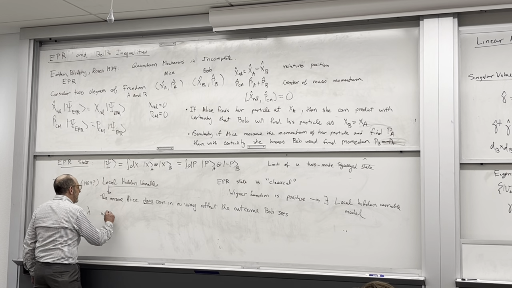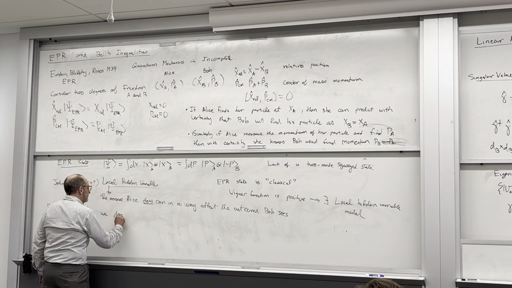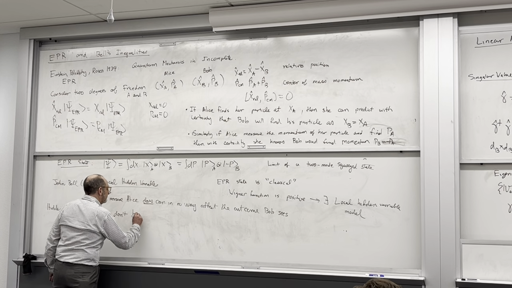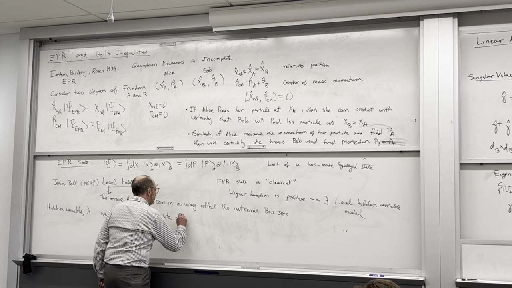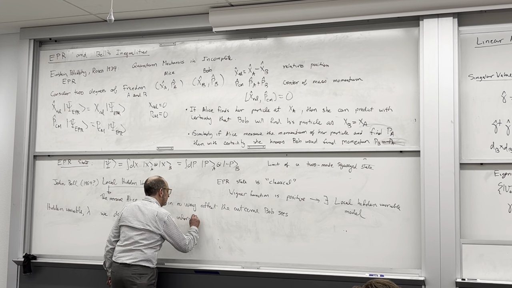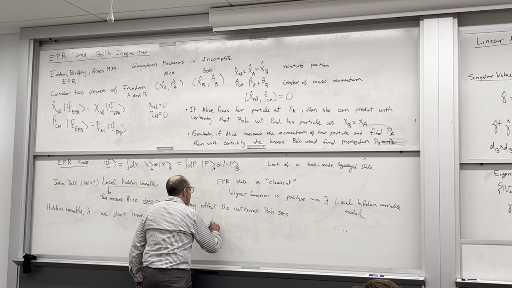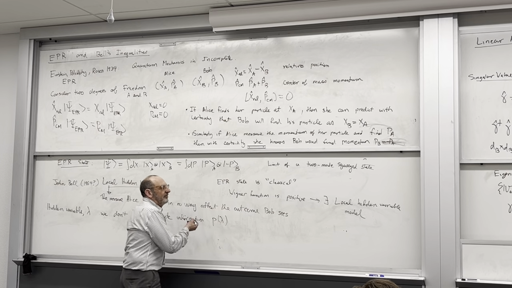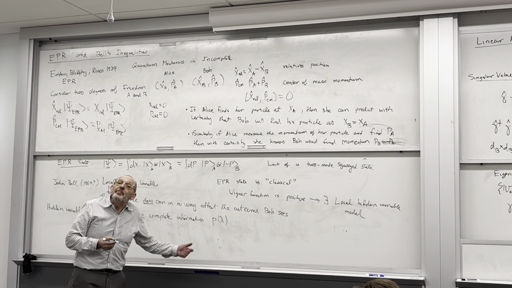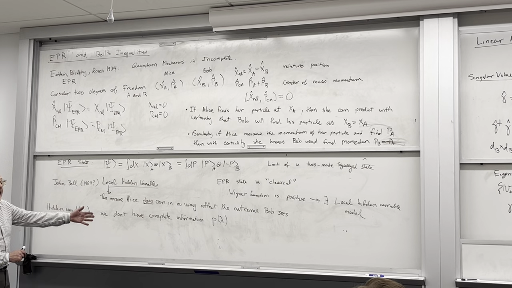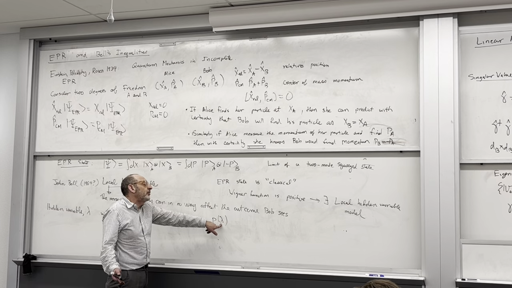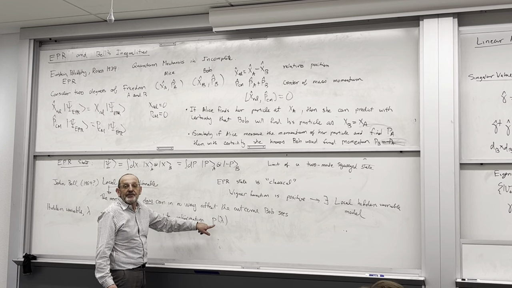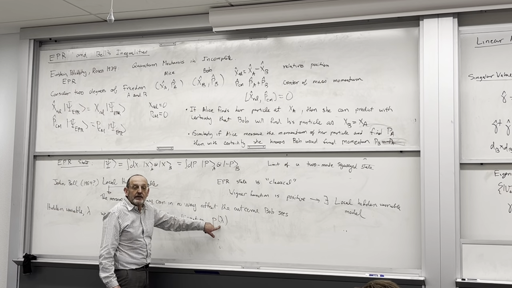We don't have complete information, so there's some probability distribution of lambda. There's something that would tell us what the value of lambda is if we can look for it, but we don't have that information, so we assign a probability to it.